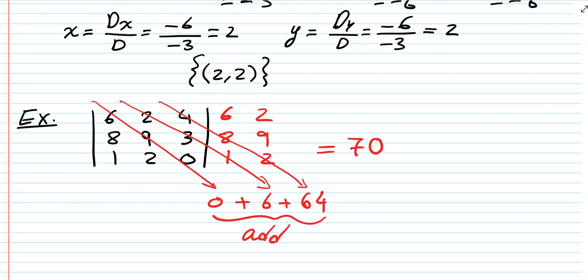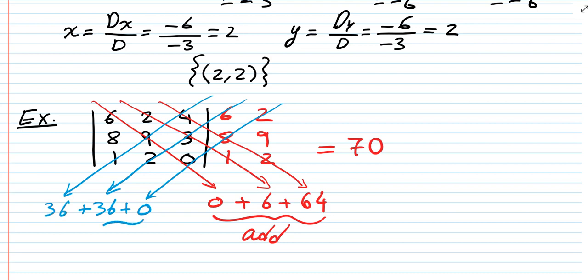Hopefully you were able to follow that. Now, what do we do next? Next, we look at products going in this direction. We do exactly the same thing. 2, 8, 0, the product is 0. 6, 3, 2, that's 36. And 4, 9, 1 is 36, also the product. Then let's add them: 36, 36, 0 adds to 72.